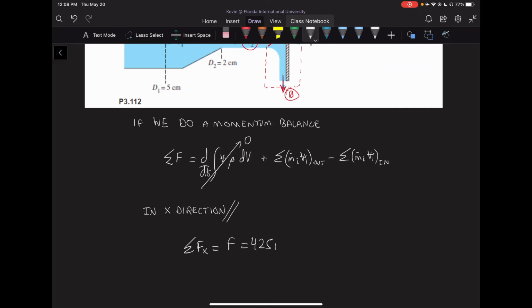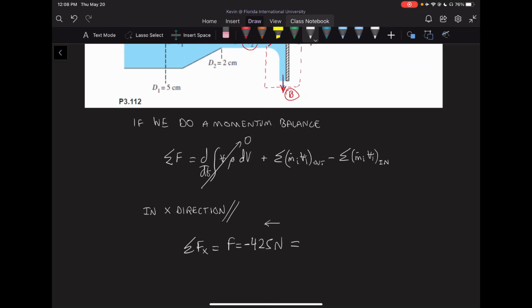We're given that in the problem. It is equal to the mass flow rate out times velocity out minus the mass flow rate in times velocity in. Now, this force, is it equal to positive or negative 425? It's equal to negative 425. It's going towards the left, so it's negative.